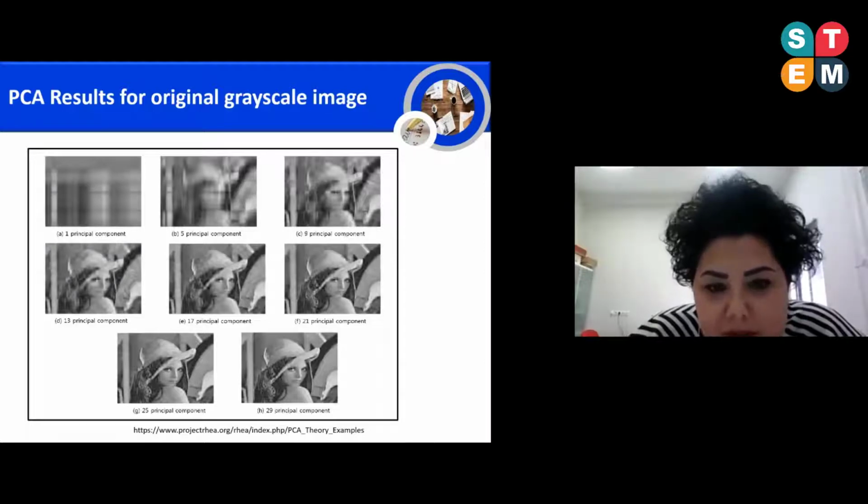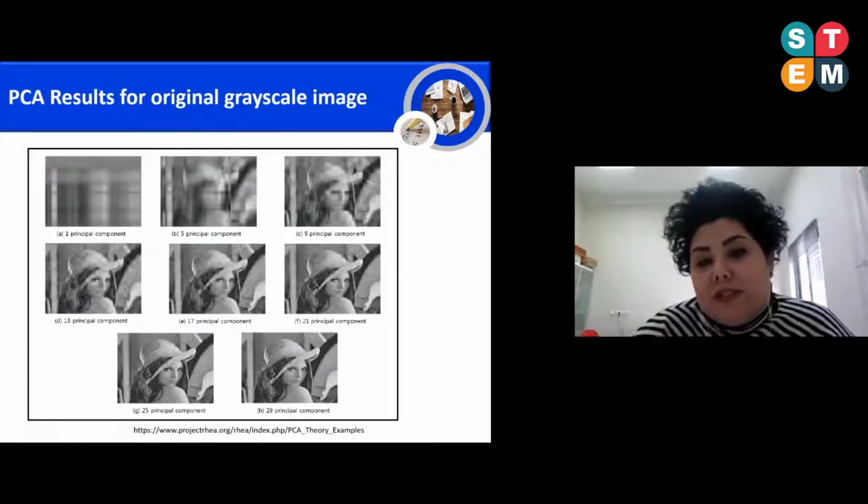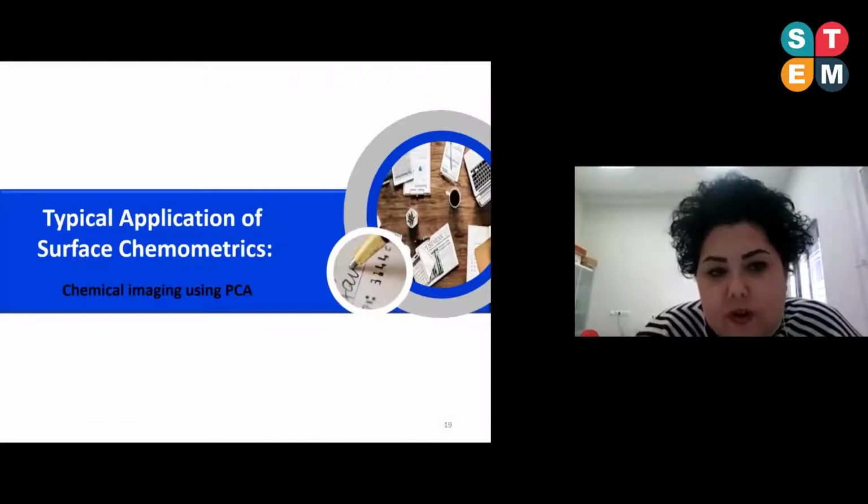With 5 principal components, you see more or less there is somebody in the picture with a head and hair. And as the number of principal components increases, the picture is seen much better and you see what is there in the picture or image. So how about the typical application of surface chemometrics?